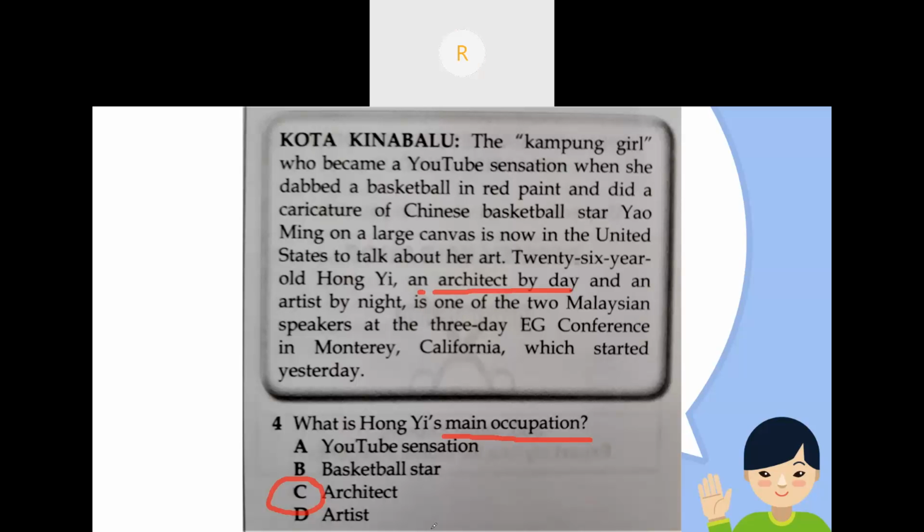But it said she is one of the 2 Malaysian speakers at the 3-day EG conference in Monterey, California. Is that her main occupation? No. See lah. YouTube sensation. Architect. Let's just accept, right?